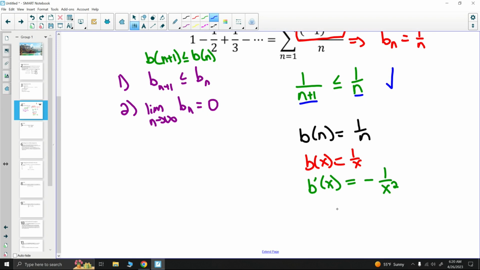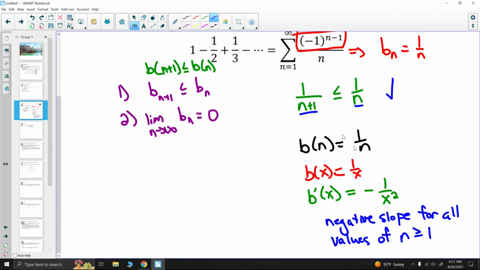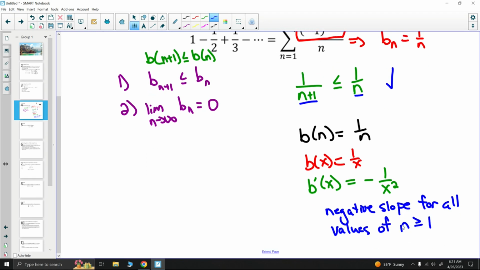So all numbers will work. So we have a negative slope for all values of n. And we care about n greater than or equal to 1, which is what we're dealing with, and that is fine. So that implies that it is in fact decreasing.